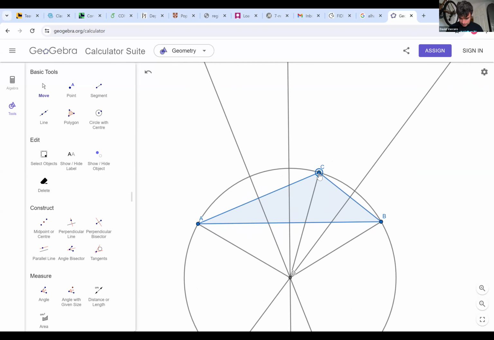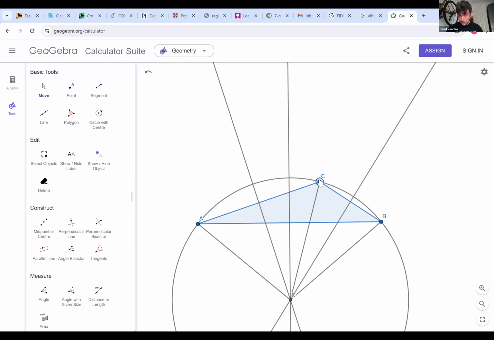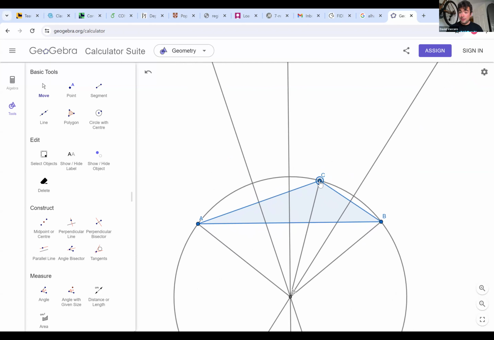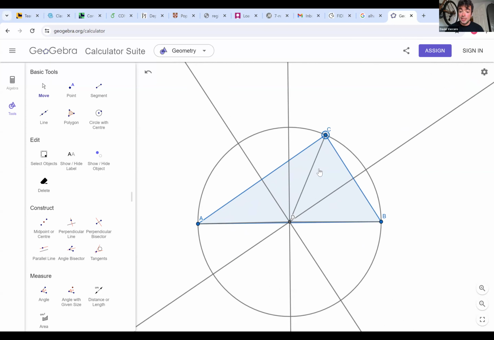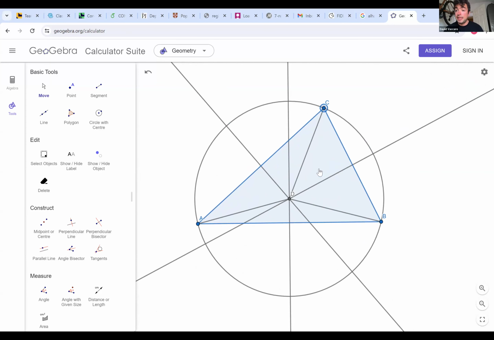Okay, and I'll leave it as an exercise to prove it, but it seems obvious that one side of the edge case is going to be when ACB is obtuse. This looks like an obtuse angle, and it looks like D is outside of the triangle. The other side of the edge case is going to be when ACB is acute, and that's here. This looks like an acute angle, and here D lies inside of the circle.